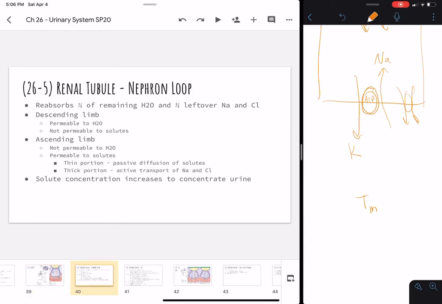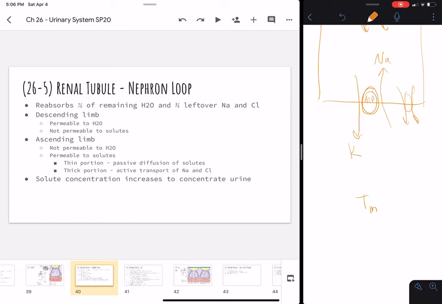All right, moving on to the nephron loop. This is where in the descending limb we're reabsorbing water, and then in the ascending limb we're not reabsorbing water. We're not permeable to water at all. We're only moving out solutes, so we're reabsorbing those solutes. And like I said, both the descending and ascending have thick and thin portions. Your book stresses that the ascending limb is the only one that has thick and thin portions.